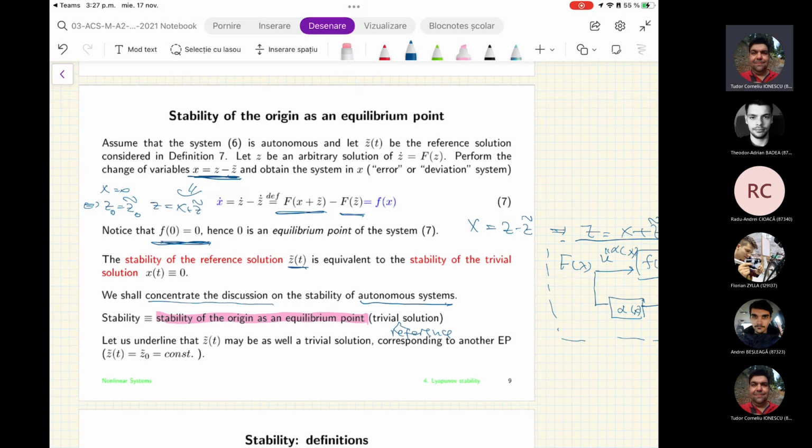Well, z tilde may also be a trivial solution.